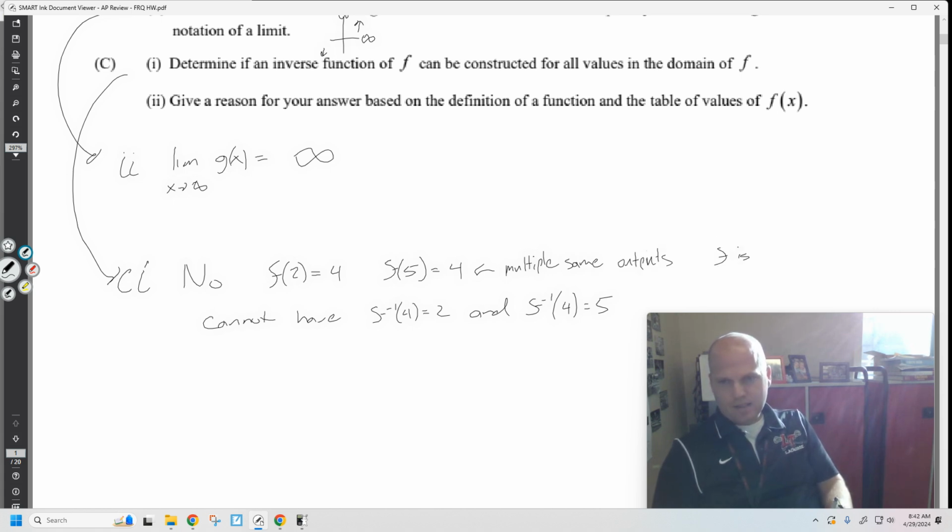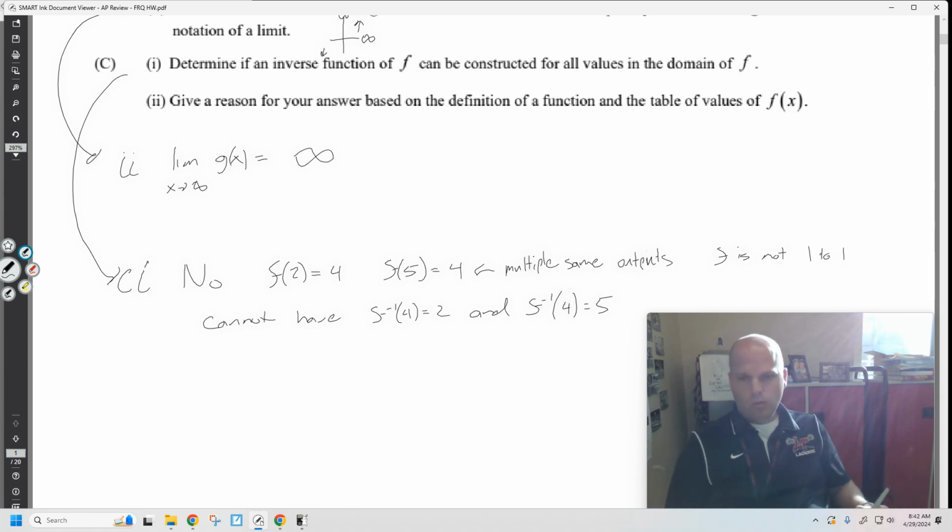F is not what we call one-to-one, which means we don't have distinct X's and distinct Y's, which then flipped works.